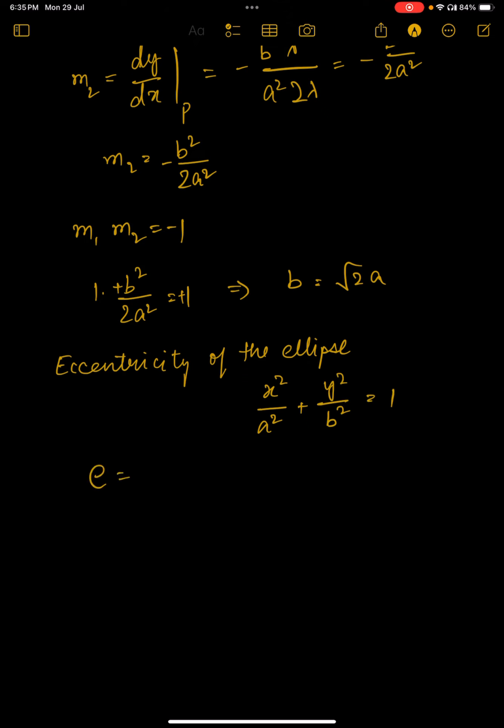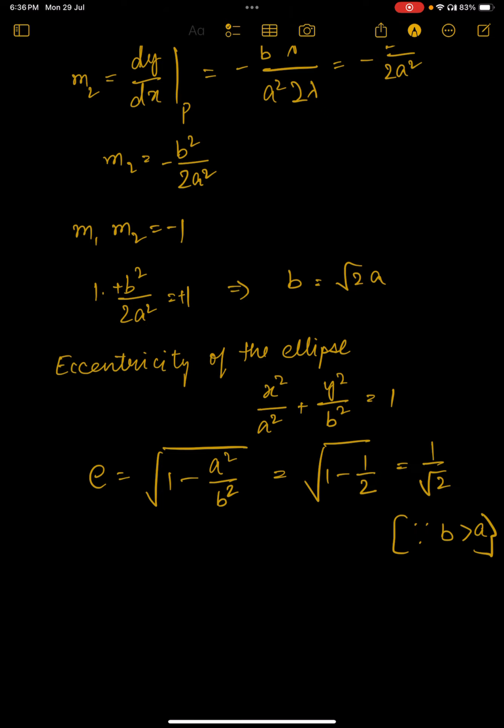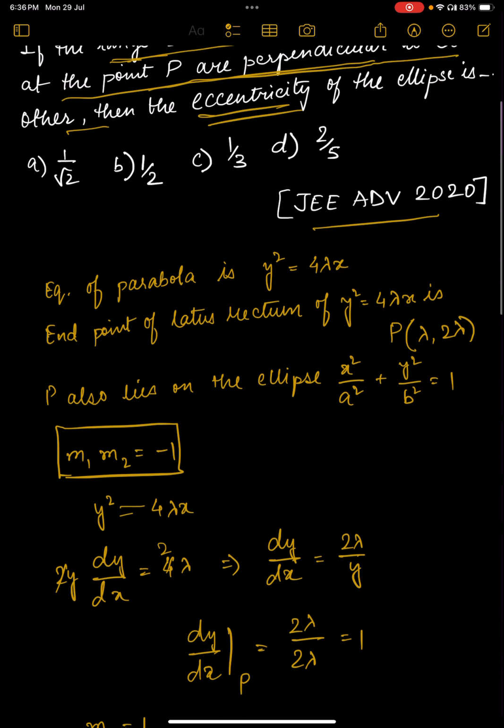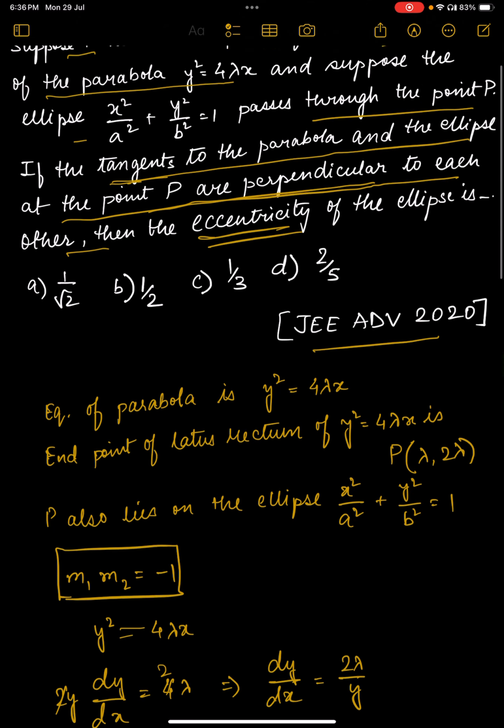So I can write this as e is equal to root of 1 minus a squared by b squared, which is equal to root of 1 minus half, which is 1 by root 2, since I'm assuming b is greater than a. Okay, so the answer is option A.